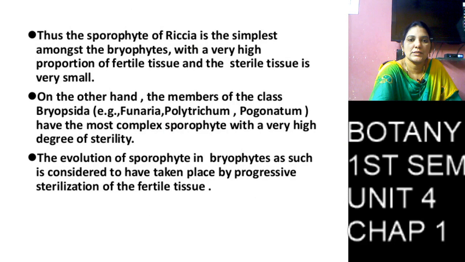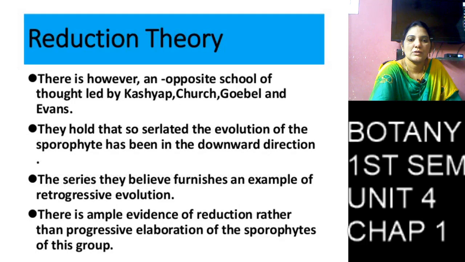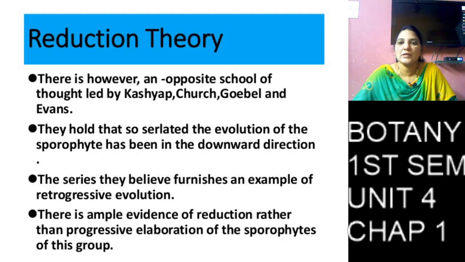So here the regressive theory is based on complex to simple. Complex to simple: we can see the first picture, Funaria sporophyte and Polytrichum sporophyte. Then we can see the last picture, Riccia. So the sporophytes lost their characters one by one, lost their parts. In the last picture only Riccia is present.